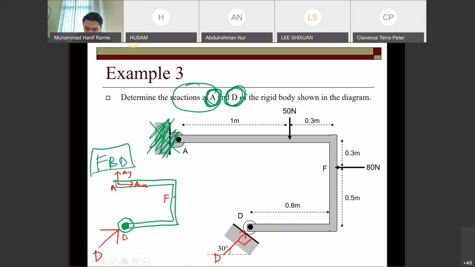Then you have to put all the forces that are involved. In this case, only one force, so you put it there. So far so good. Any question?